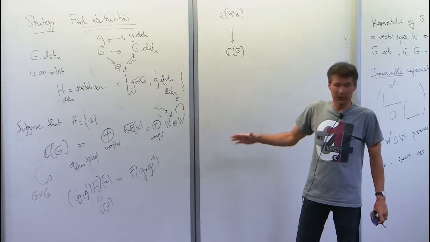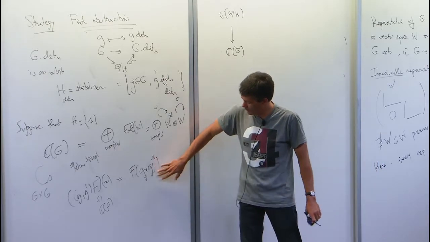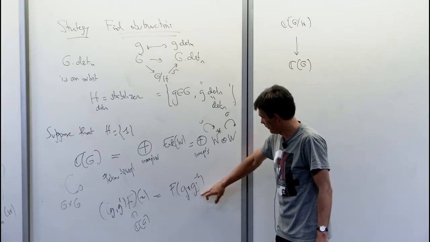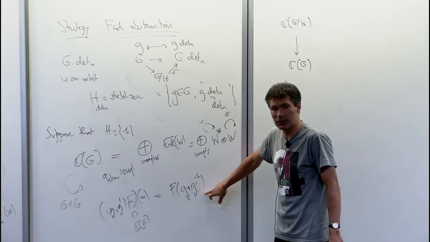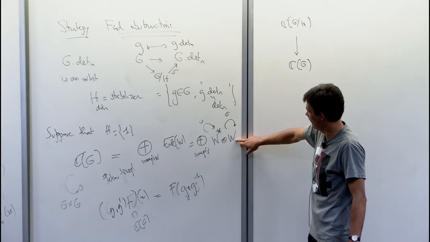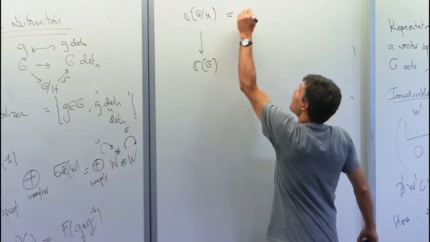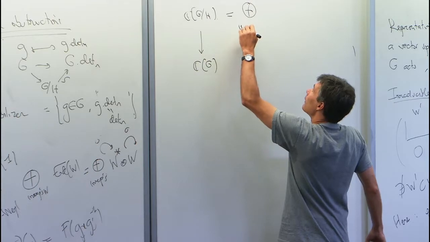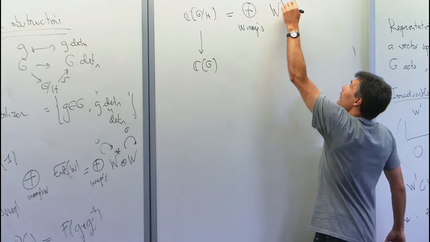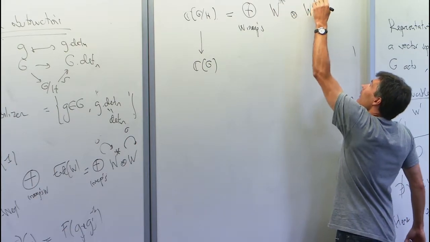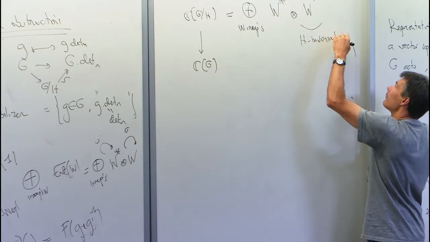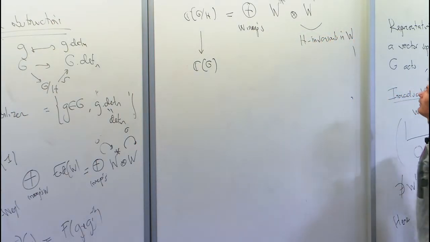And the fact that you quotient by H just means that it must be invariant by the action of H. So you just look at the functions which are invariant by the right action of H. So you get exactly the sum over the irreducible representations of W star times the H invariants in W.